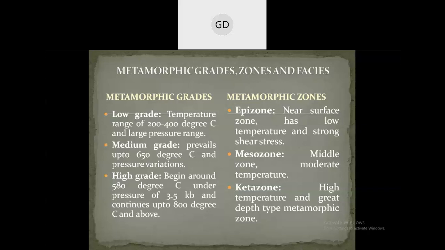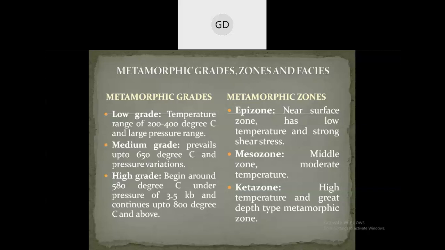The rocks in this epizone are metamorphosed under the influence of dynamic metamorphism. Some of the common rocks resulting in this zone are slates or mica schist.